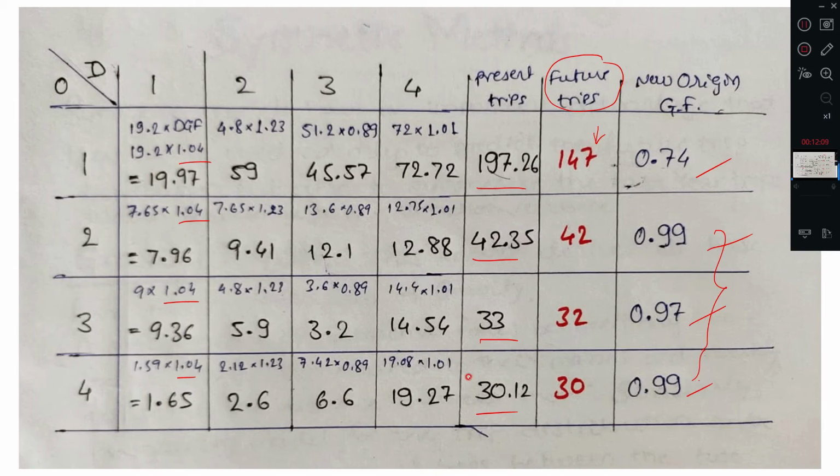So at the end you can just write the sentence. So all these values, growth factor is near to unity. So here we can stop the iteration process, and individual trip distribution among the various zones are in the OD matrix. Okay, so do practice. Thank you very much.